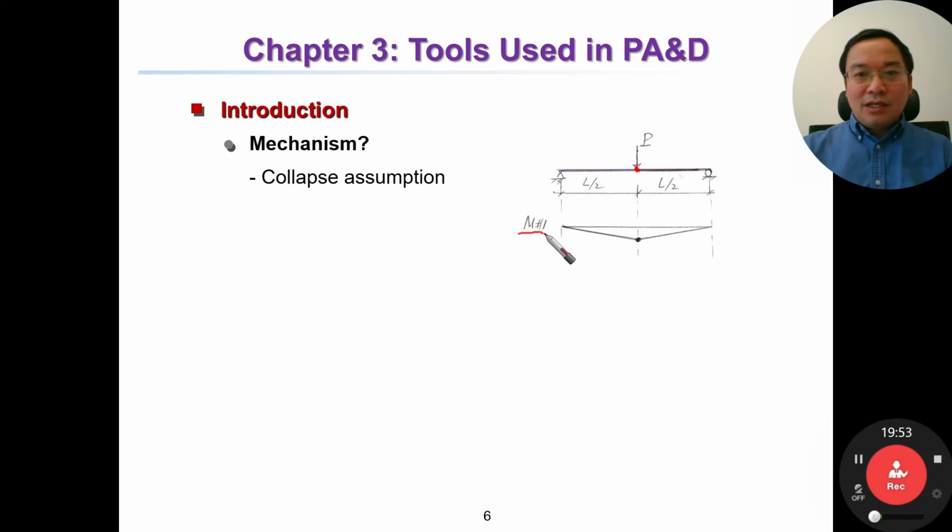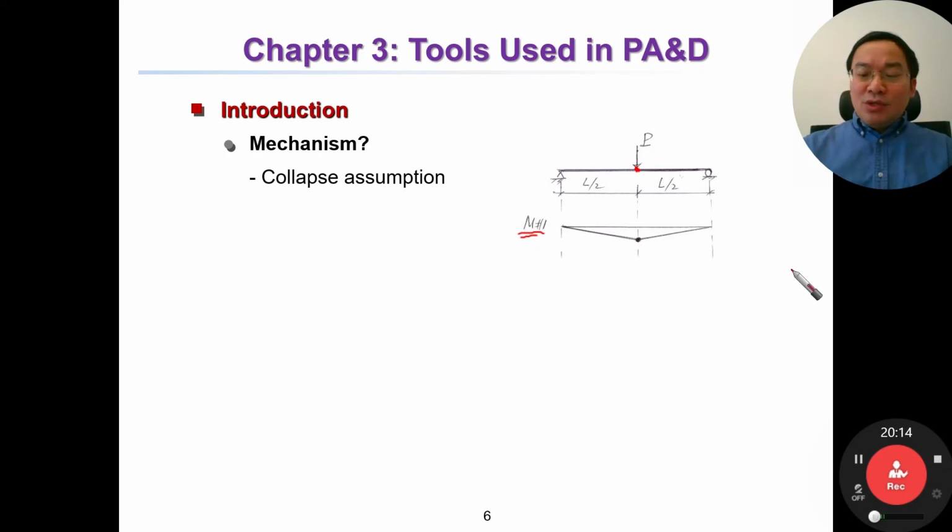We call this a mechanism, one of the different assumptions. So we can understand that a mechanism is a collapse assumption.